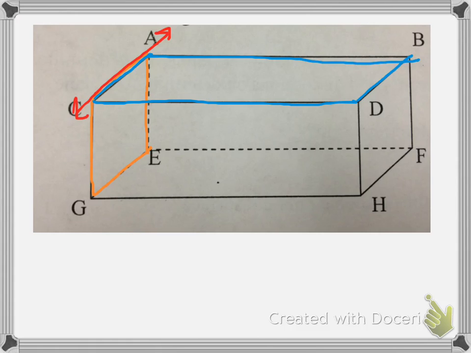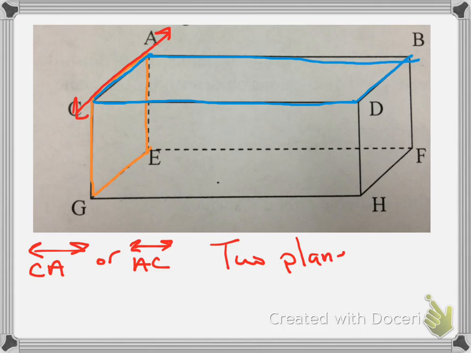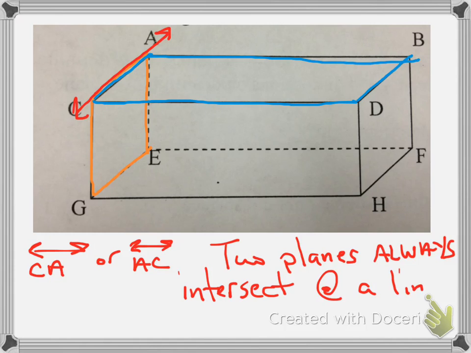So they intersect at line CA, or you can also write line AC. Two planes always intersect at a line. Okay, always, no matter what. Okay? All right.